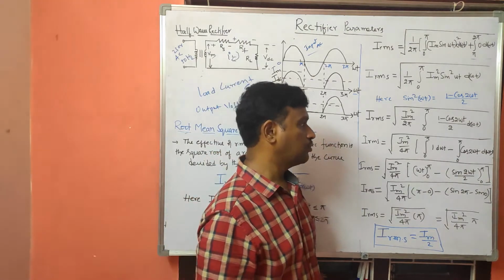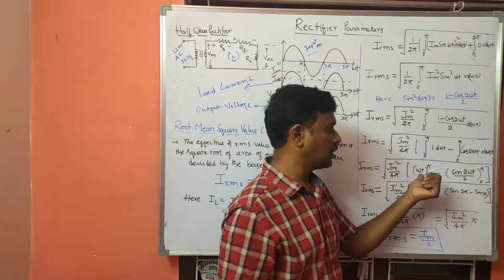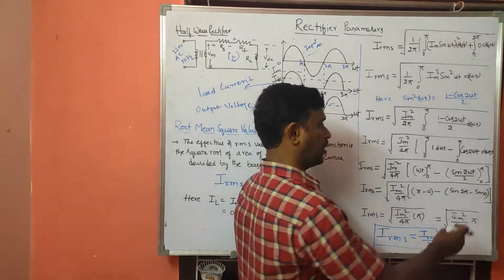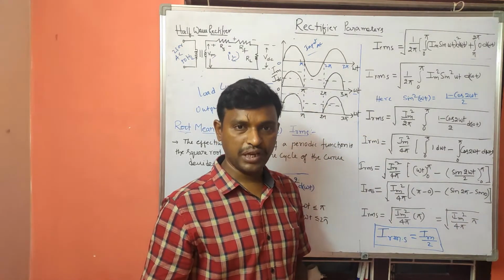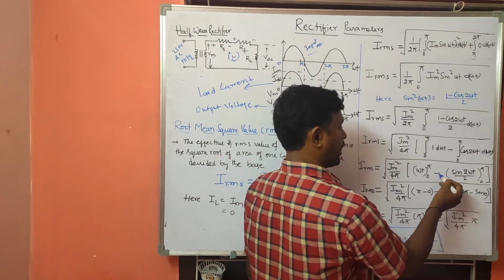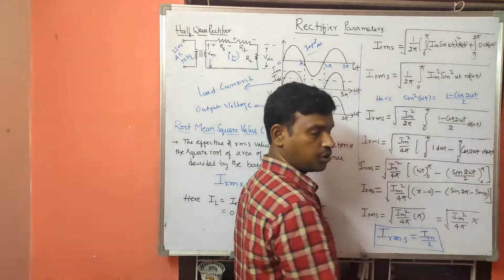The integral of 1 is omega t from 0 to pi, and the integral of cos 2 omega t is sin 2 omega t by 2, from 0 to pi.